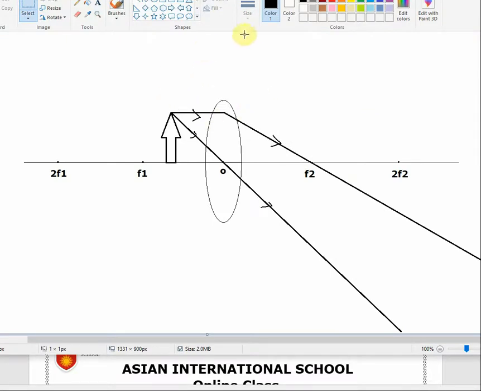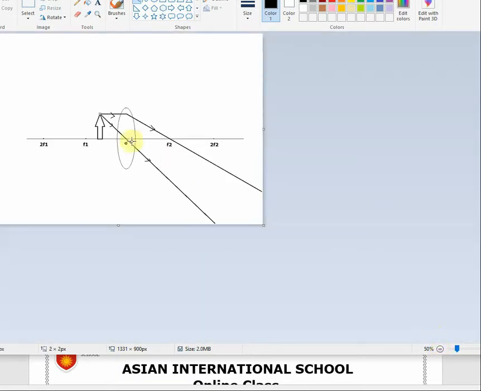Okay, so I will draw the virtual line. I'll draw it with a little thinner line. Let us consider this one as our virtual line. Okay, I need to increase the size of it. Now I will draw this one. Now this one.